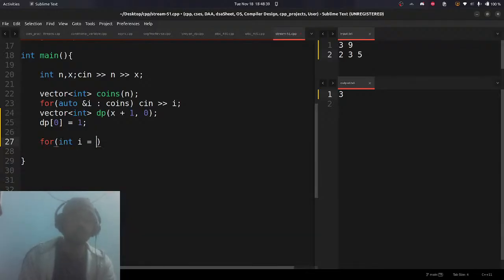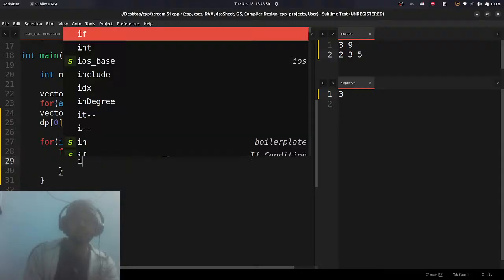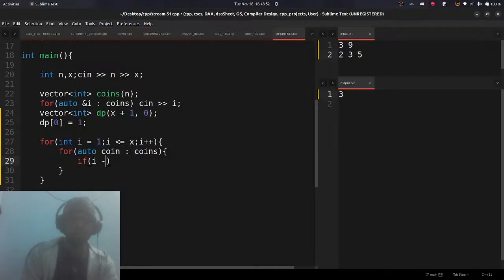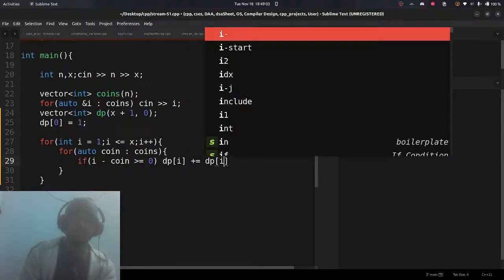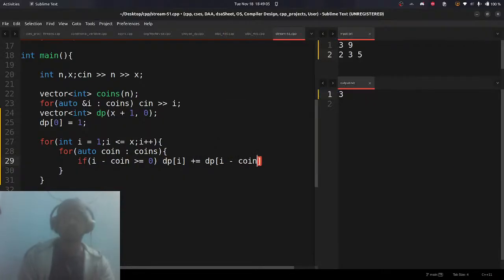For int i is equal to 1, i less than or equal to x, i plus plus. For auto coin in coins, if i minus coin is greater than or equal to 0, dp[i] plus equal to dp[i minus coin]. We'll just put a mod.